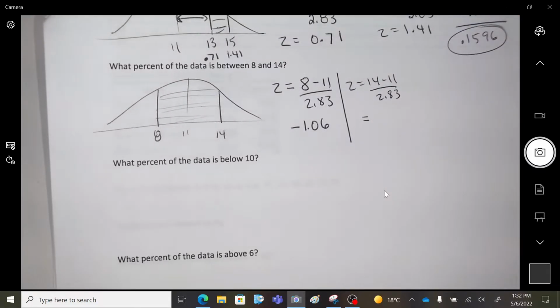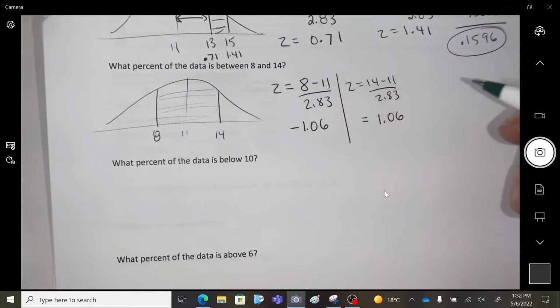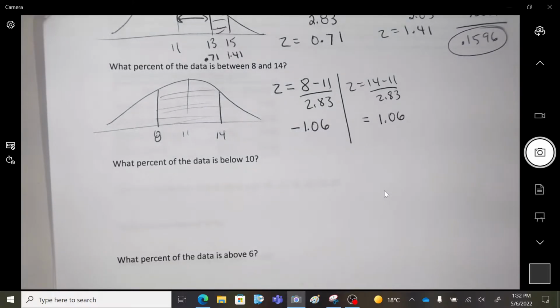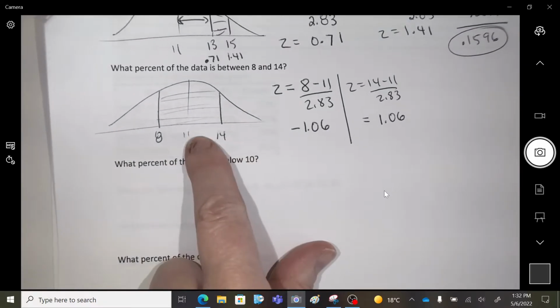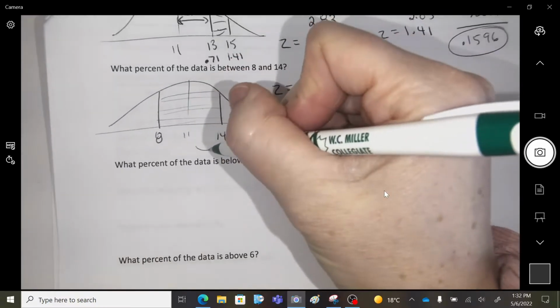Same thing with the 14. Oh, 1.06. I guess because that's 3 above and that's 3 below, so that makes sense. I should have seen that. Somebody probably already outsmarted me and saw that.